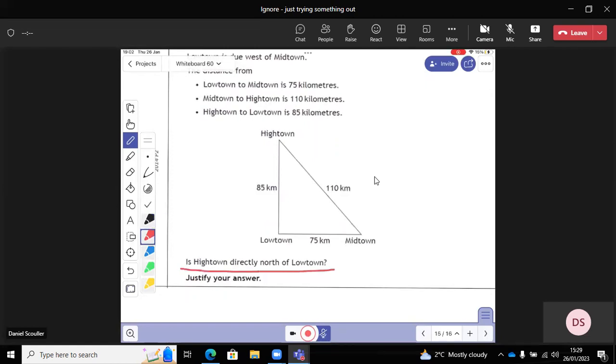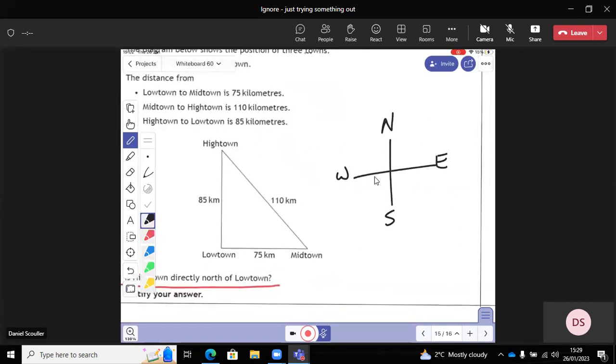Is Hightown directly north of Lowtown? A couple things going on. It asks you to know your compass in this case. This is one of these things that they assume you know.